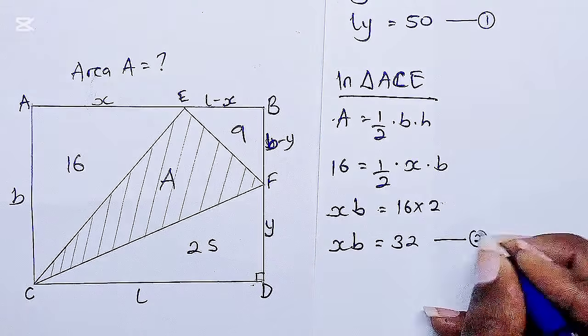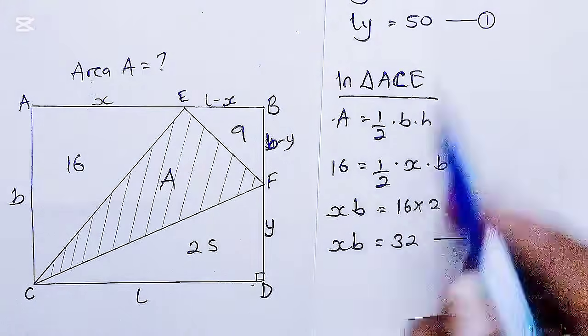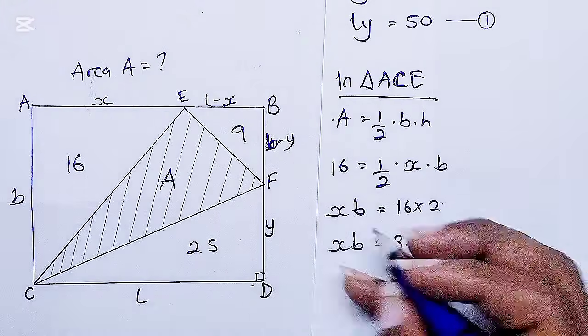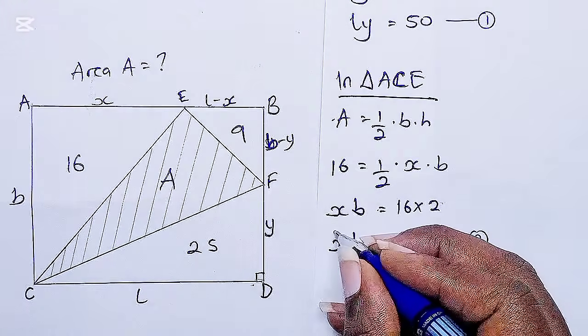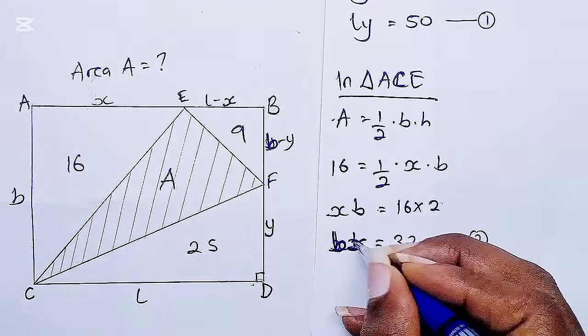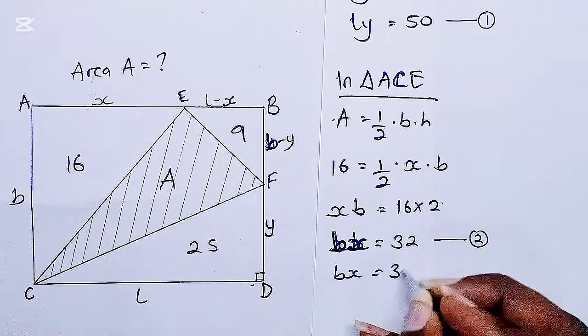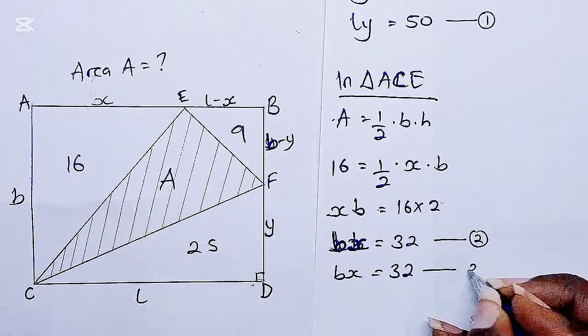Let this be equation 2. Since the first one was LY, let this one be BX instead of XB. It's the same thing, but just for consistency. So BX is equal to 32.